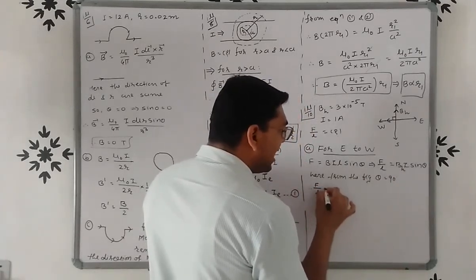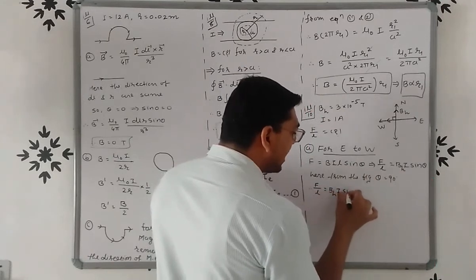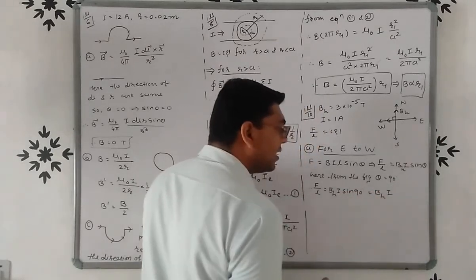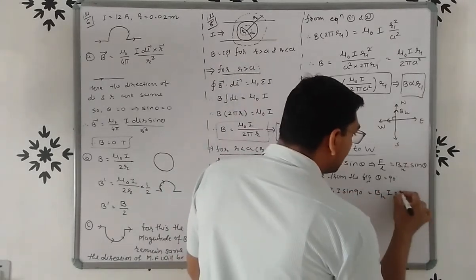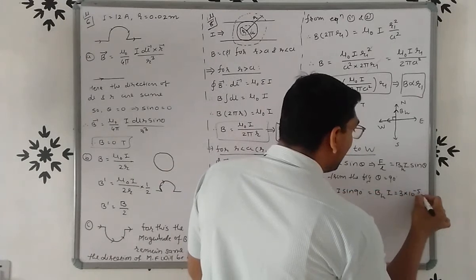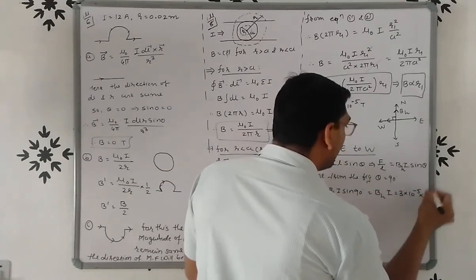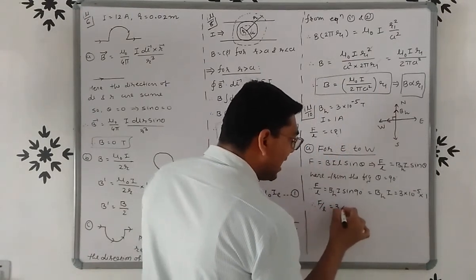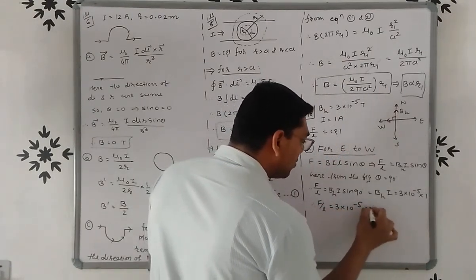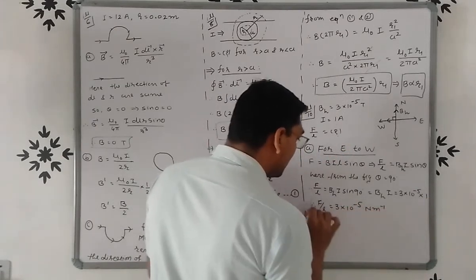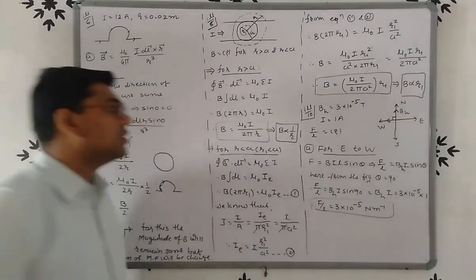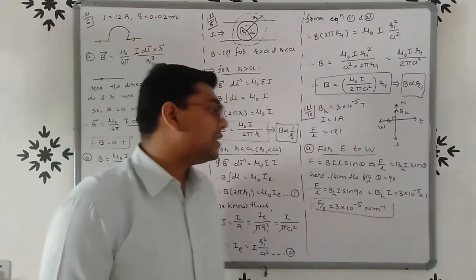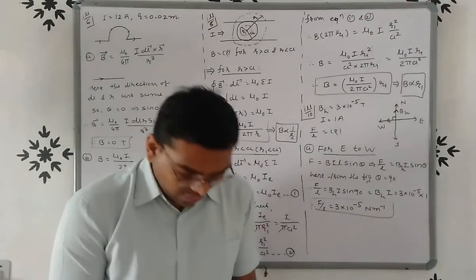So F by L is equal to BH I sin 90, so BH into I. The value of BH is 3 into 10 raised to minus 5 and I is 1 ampere. So force per unit length F by L is equal to 3 into 10 raised to minus 5 Newton per meter, right? So for the first case, force per unit length is 3 into 10 raised to minus 5.